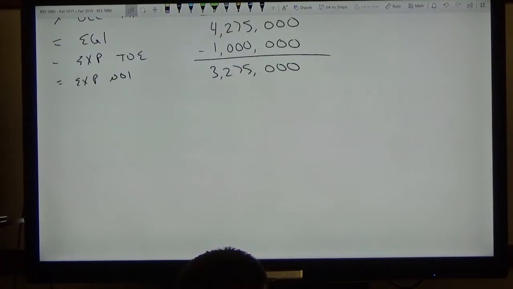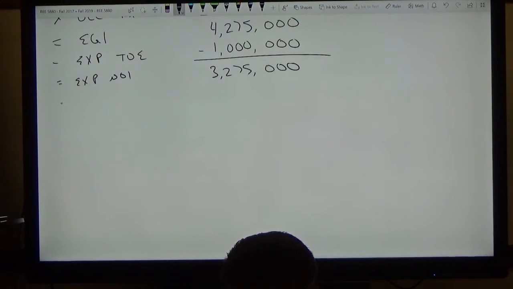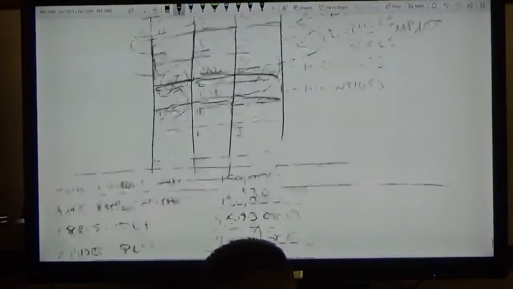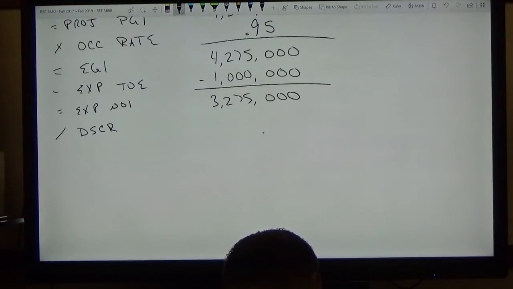Okay, once we've got that, then we do a series of little calculations. We divide by our debt service coverage ratio. In this case, if we want to be consistent with what we did previously, we said 1.2, so we'll go ahead and use that.